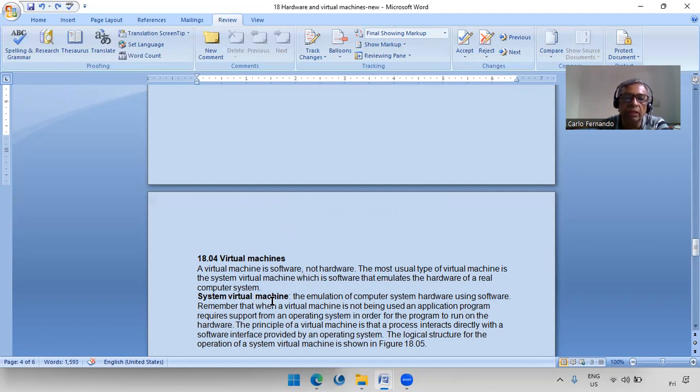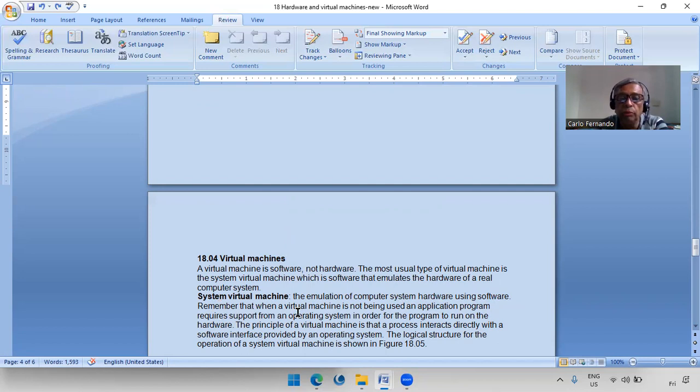The system virtual machine is the emulation of computer system hardware using software.